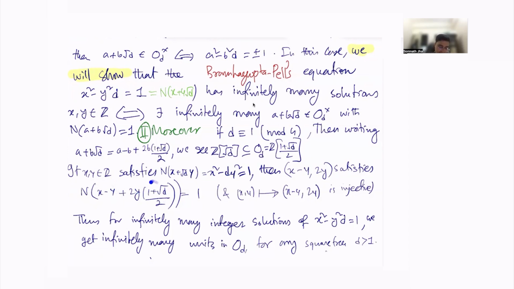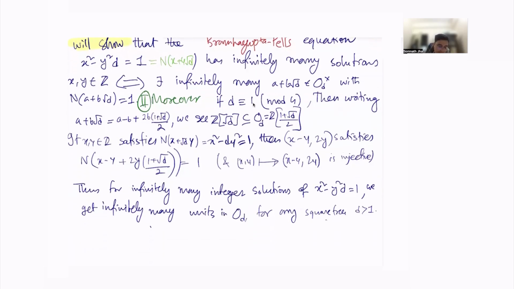This is an element in Z[(1 plus root d)/2], and the map (x, y) to (x minus y, 2y) is injective. So infinitely many integer solutions give infinitely many units in O_d for any d greater than 1. Because this ring is a subring of that, units here give infinitely many units there.